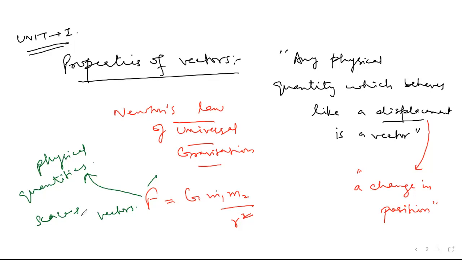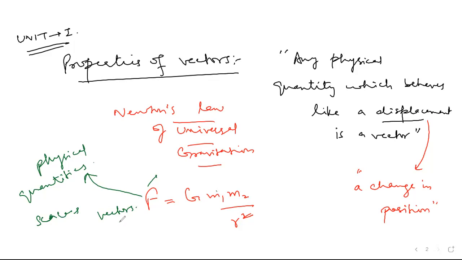So you can add scalars like numbers, you can use ordinary rules of algebra, but in vectors, there is involvement of direction. Due to that, there is involvement of geometry. And while dealing with vectors, you have to take that into consideration. So there are separate laws for handling vectors.